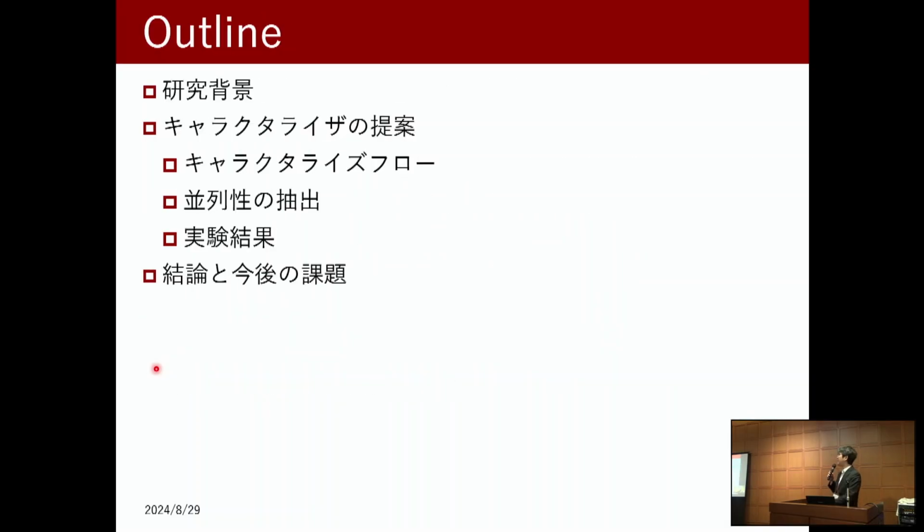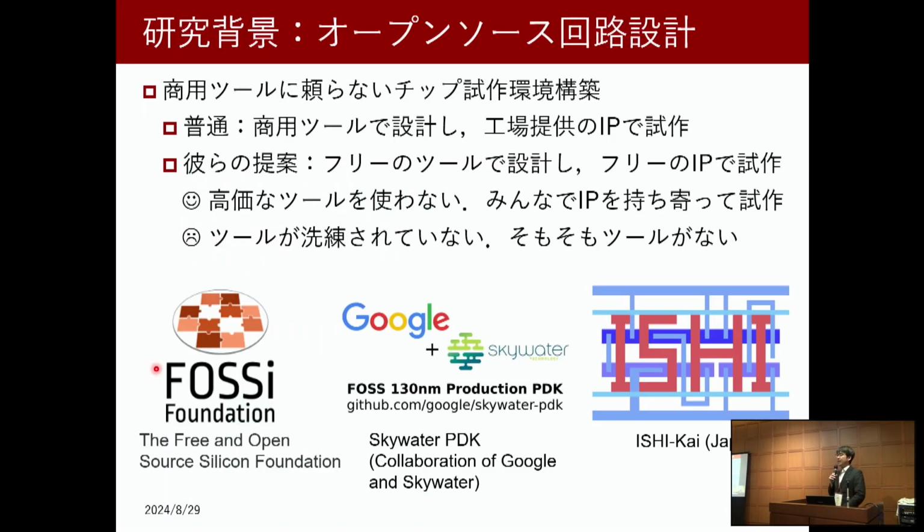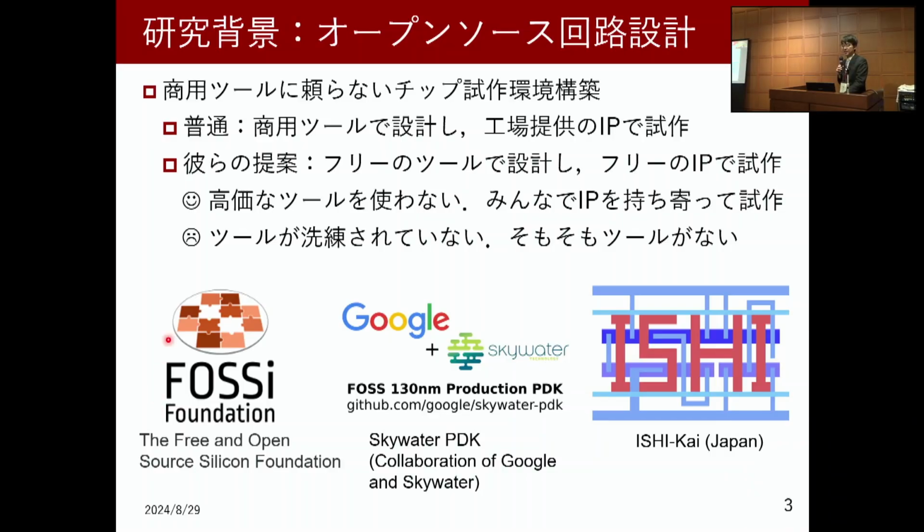Here is the outline, and I want to explain from the background. The background is open source VLSI design. As we see at the booth of Ishikai, both Japanese and United States groups are trying to encourage open source silicon design. For the conventional flow, we use commercial tools and IP from the fab.